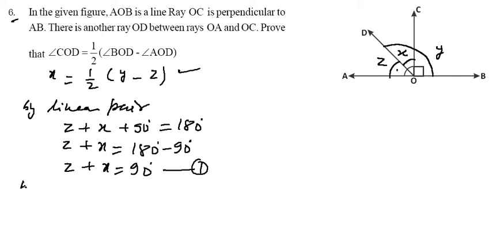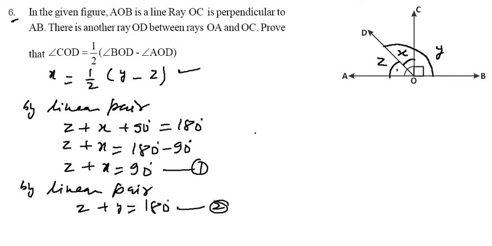Now once again by linear pair, in this we can say this is the Z and Y. So Z plus Y is equal to 180 degree. So that will be equation second.